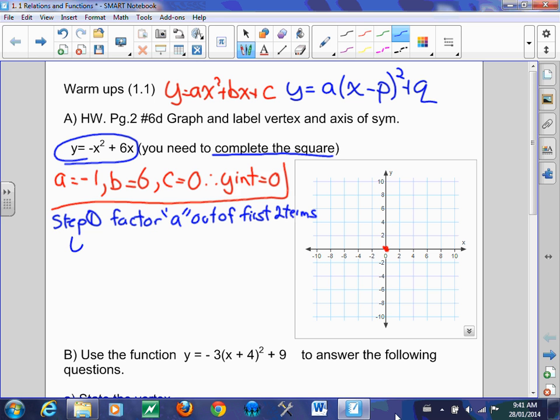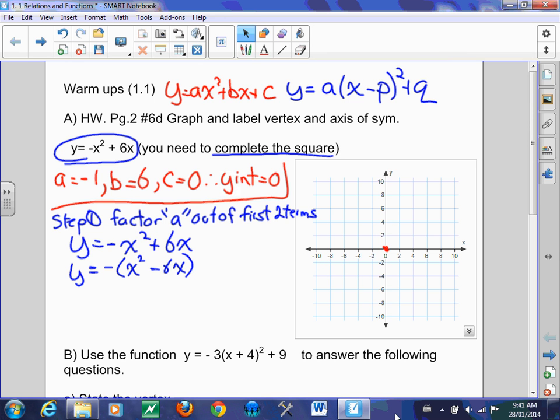I'm going to rewrite my equation from the question first of all. Now we don't have a third term, so this time it's okay. So we're going to factor out a, so it's going to be negative, and then we're going to have x squared, minus 6x, notice that changes. Then we've got to do some work in the margin.